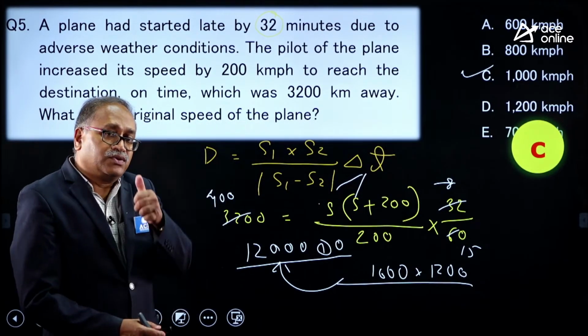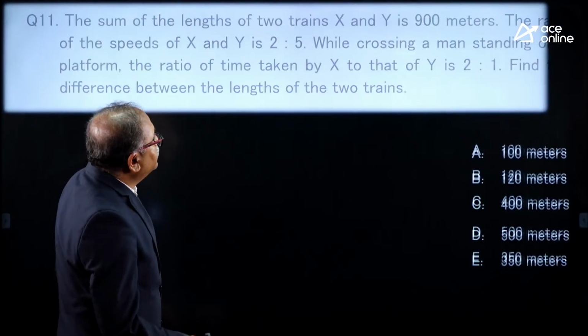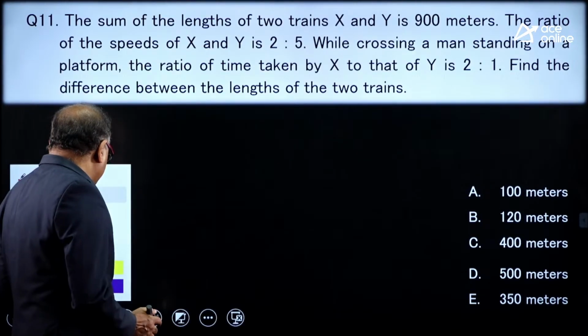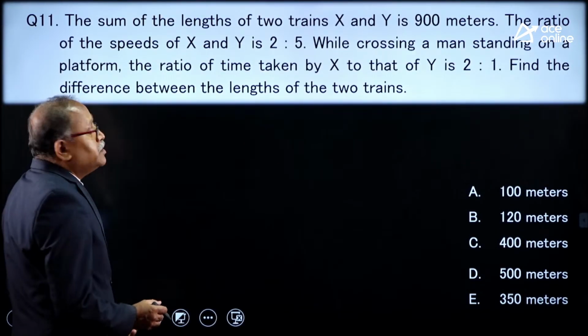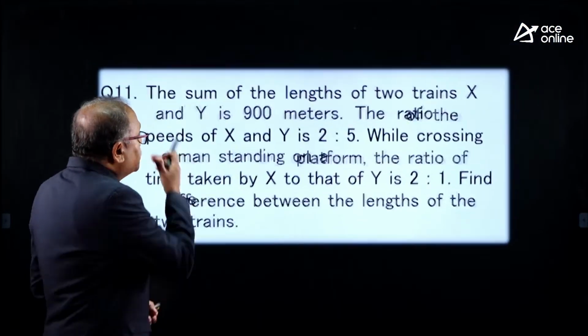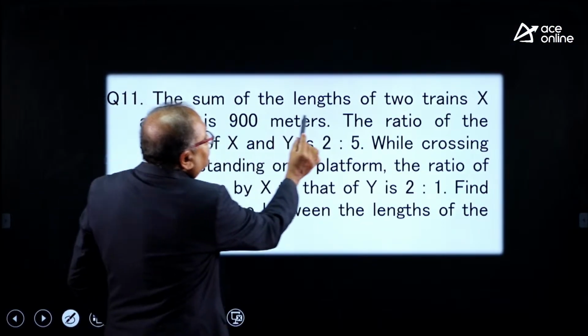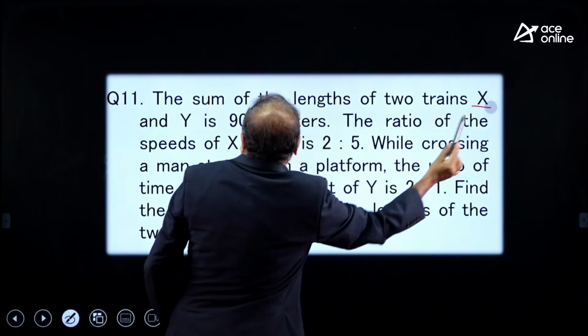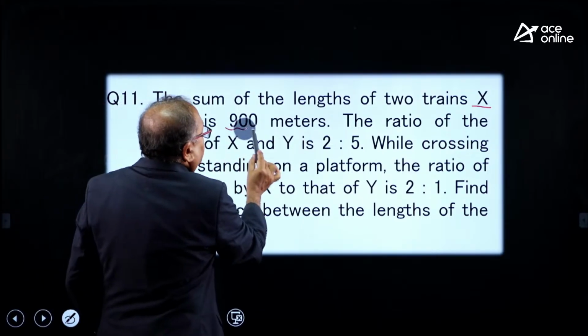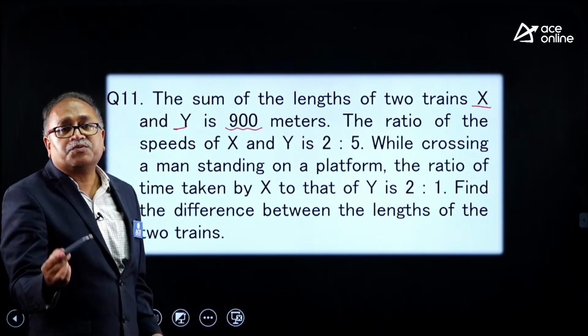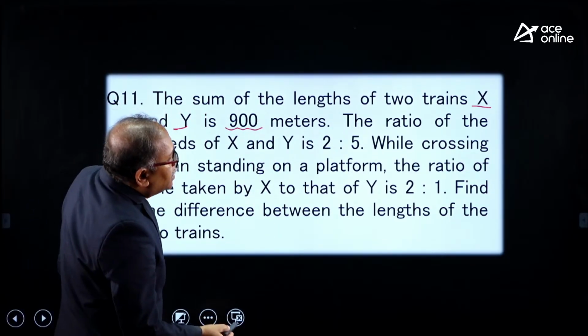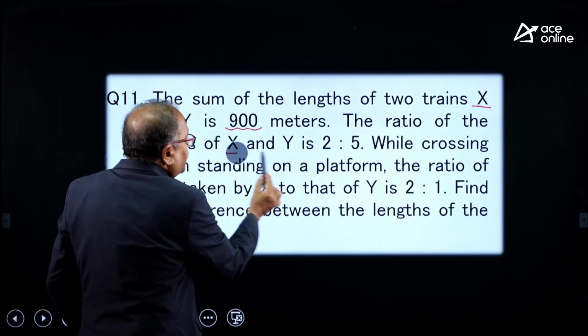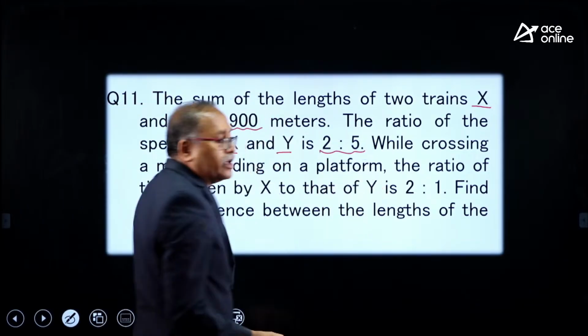Moving on to the next question, my dear friends, and that is here. Look at this one. What is the question? Let me take a closer look at the question. The sum of the lengths of two trains x and y is 900 meters. So, length of x plus length of y is given to us, and the ratio of the speed of x to y is 2:5.